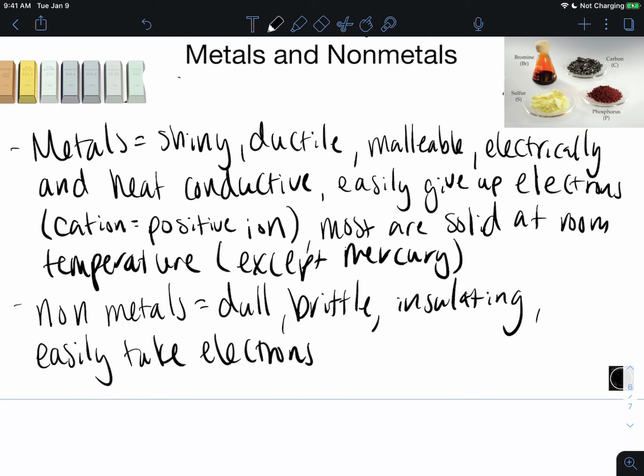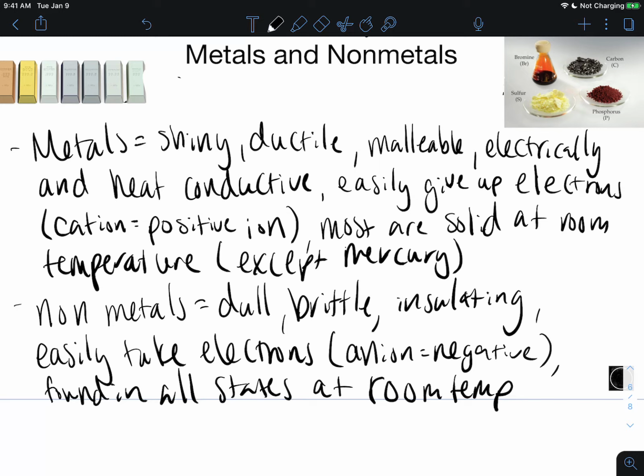So there are some nonmetals that are solids at room temperatures. There are some nonmetals that are liquid at room temperature, and then there are some nonmetals that are gases at room temperature. And then our metalloids. They're going to have properties between that of a metal and a nonmetal.